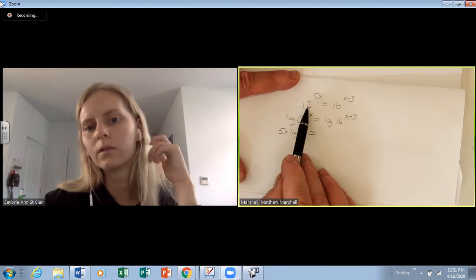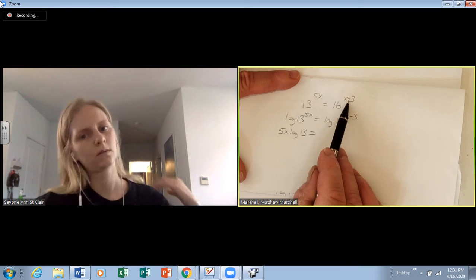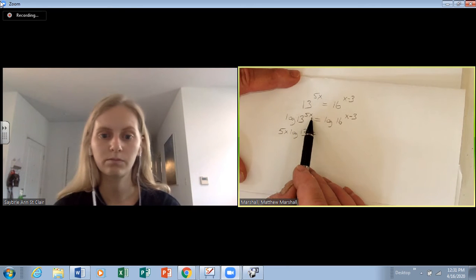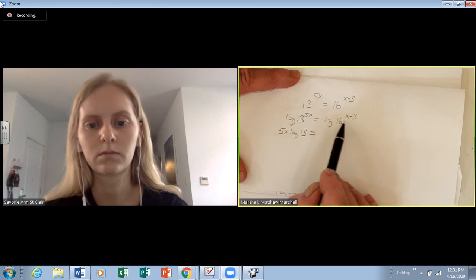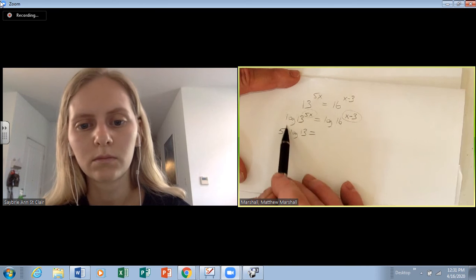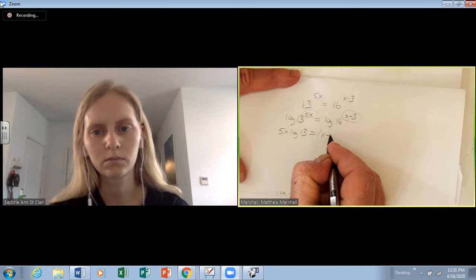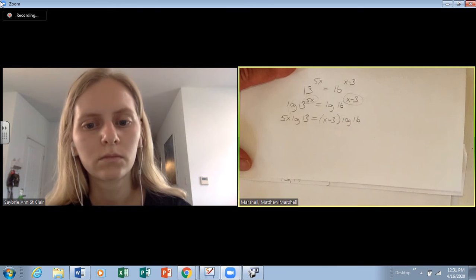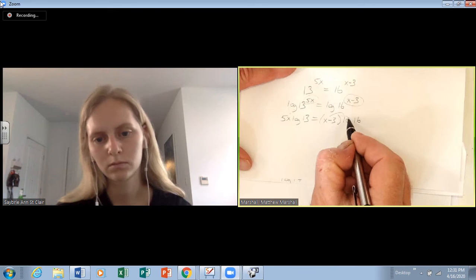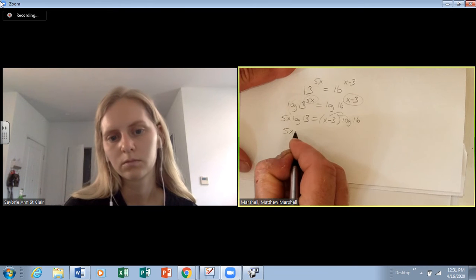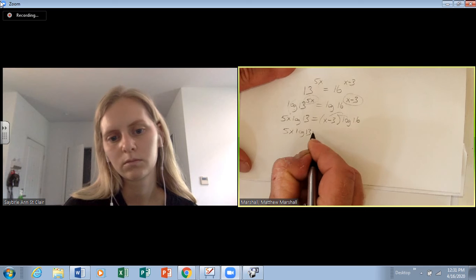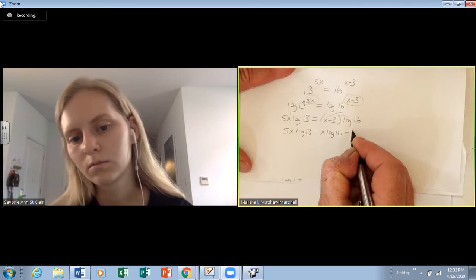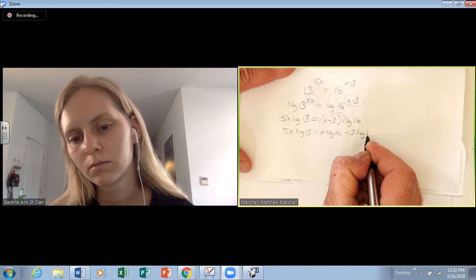So 13 to the 5x equals 16 to the x minus 3 becomes log of 13 to the 5x power equals log of 16 to the x minus 3. I'm bringing these powers down like we've been doing in front of the log. I'm going to distribute over here. 5x log 13 equals x log 16 minus 3 log 16.